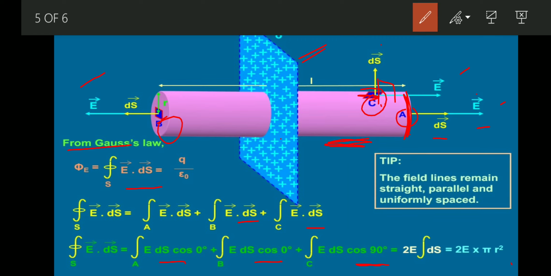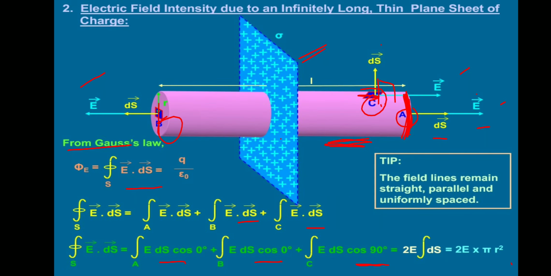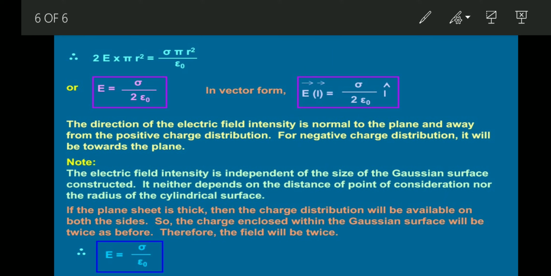Now the area will be this and this pink circle, so it will be 2 times pi r square. Next, since it is a continuous charge distribution, we have to consider surface charge density, which you have read in the first subunit also, that is surface charge density sigma is equal to charge upon area.